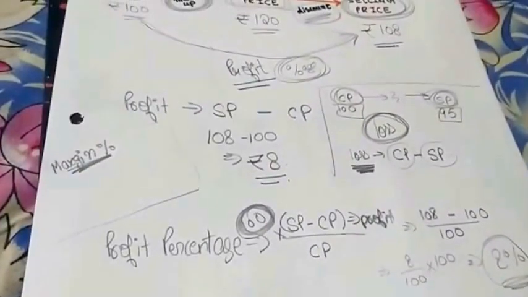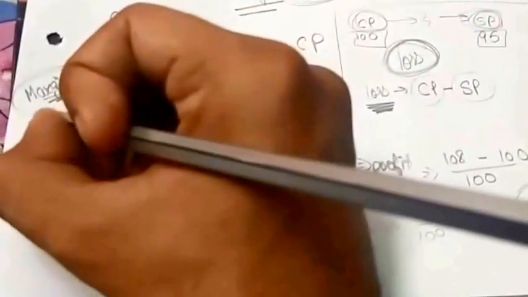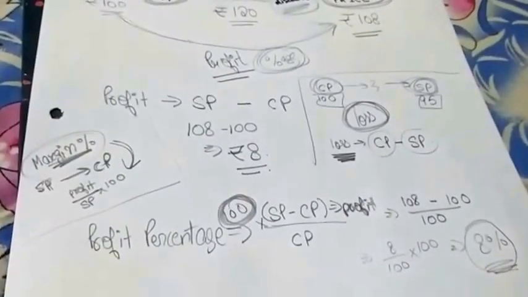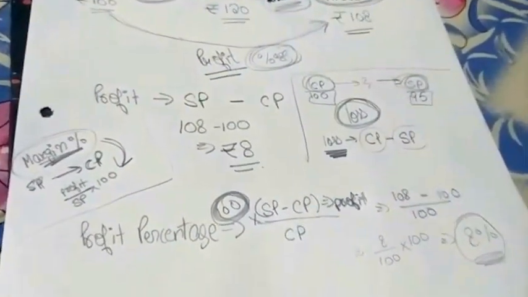From the exam point of view, this is not that important. But in that case, they calculate the percentage from SP, so they would have the profit divided by the selling price into 100, and they calculate that percentage. Again, not important from the exam point of view, but something you should know.